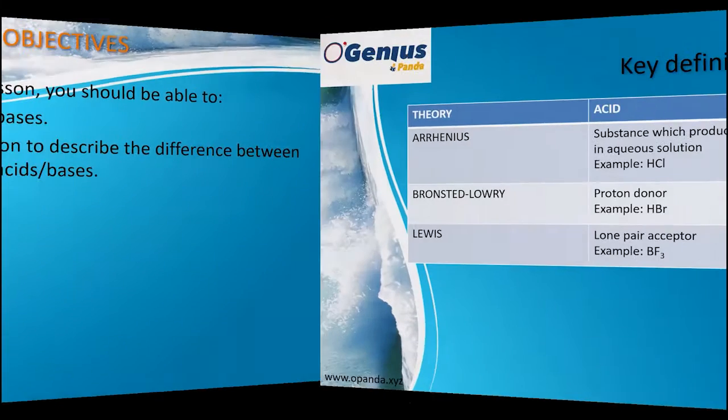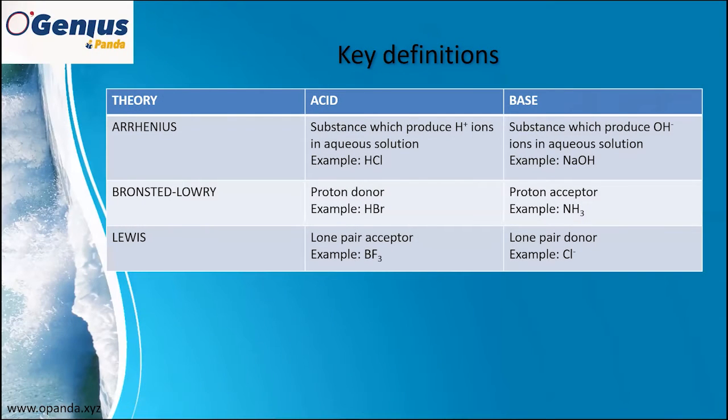Here we have some key points. What is an acid? What is a base? There is a common definition, and in Senior 4, we consider that to be the Arrhenius theory. Arrhenius theory of acids and bases says that an acid is a substance which can produce H+ ions in aqueous solution.